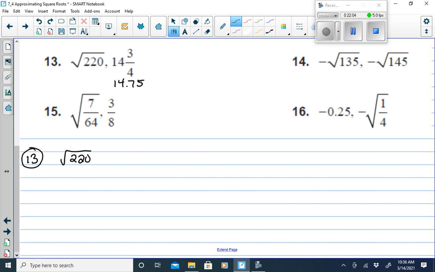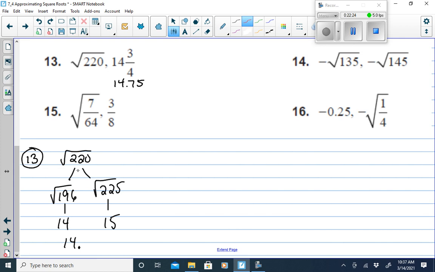So we need to know the approximation for the square root of 220. We know the perfect squares, 196, that's 14 times 14, and the square root of 225 is 15 times 15, so we know that the square root of 220 is 14 point something.